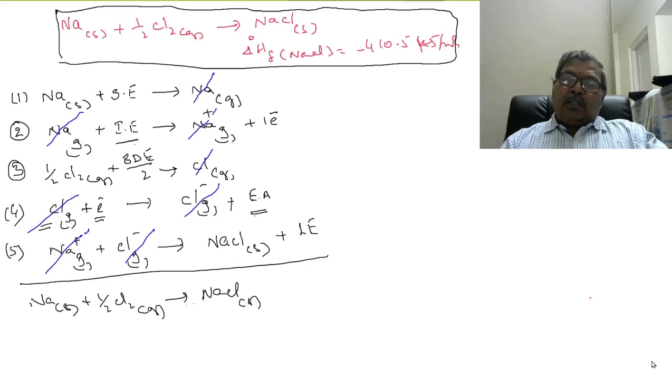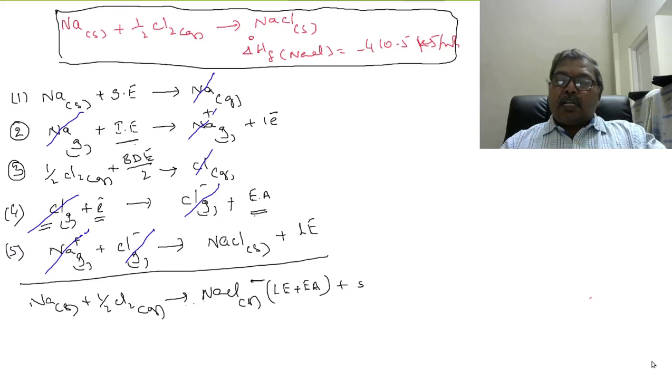Now, here the energy released is Le plus Ea. This is energy released. So I am taking this as negative because they are liberated, and the energy absorbed I have taken as positive, right?